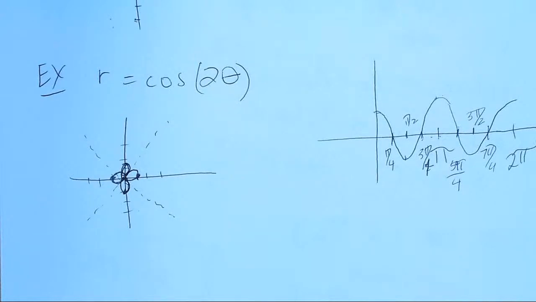Question: what is the domain? Did we have to use all the way to 2 pi to graph it?